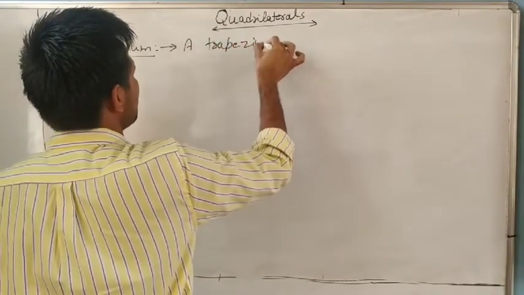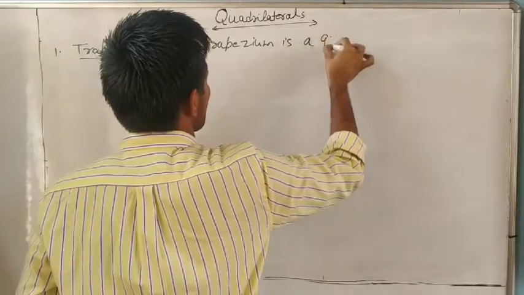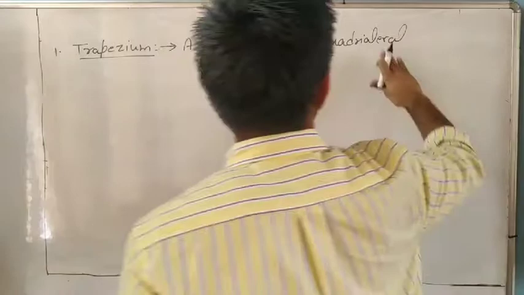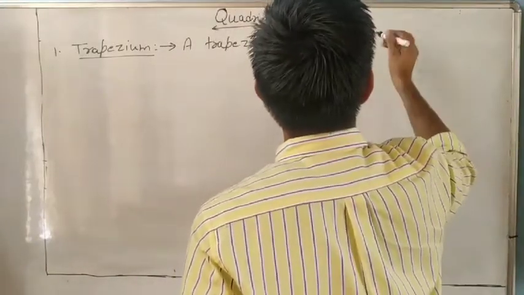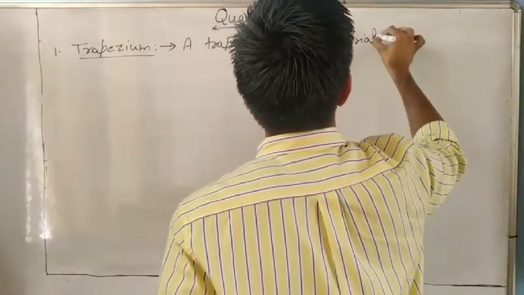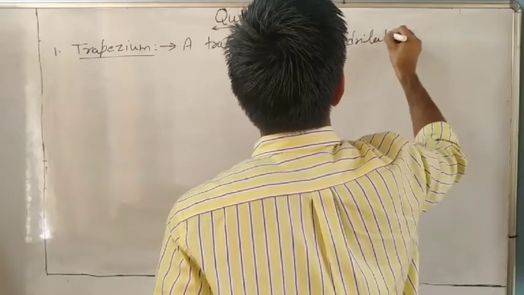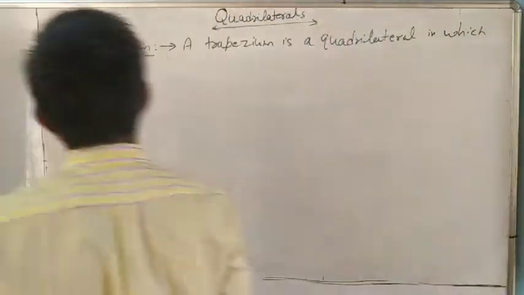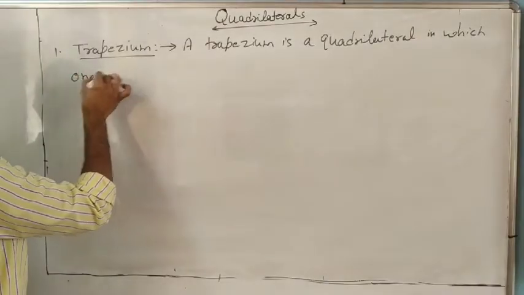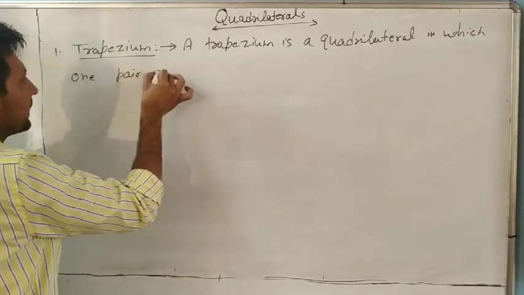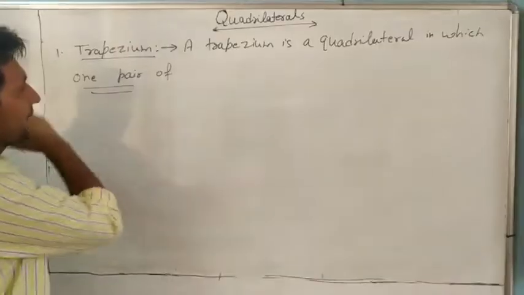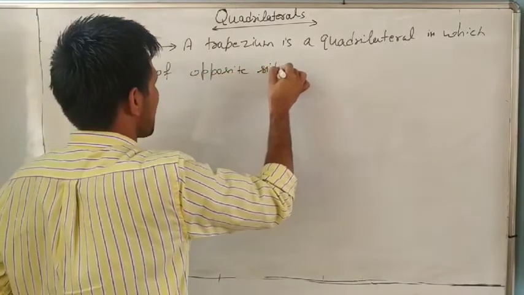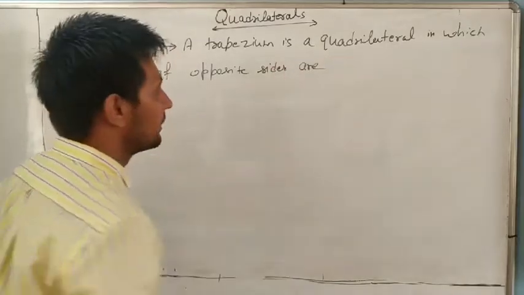A trapezium is a quadrilateral in which one pair of opposite sides are parallel.